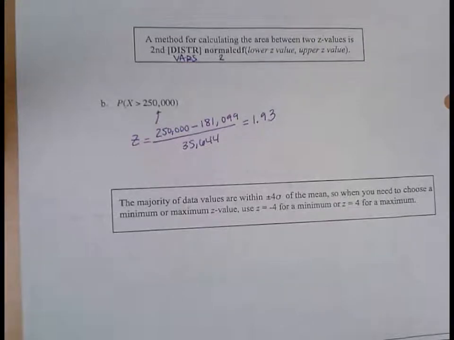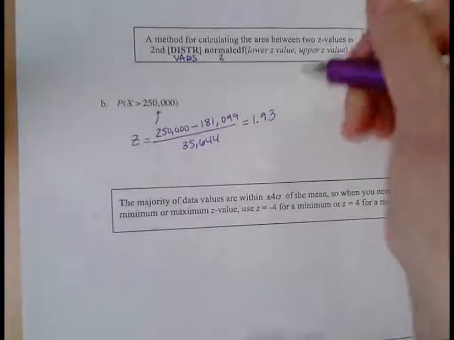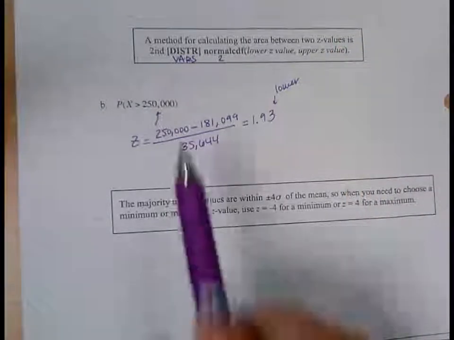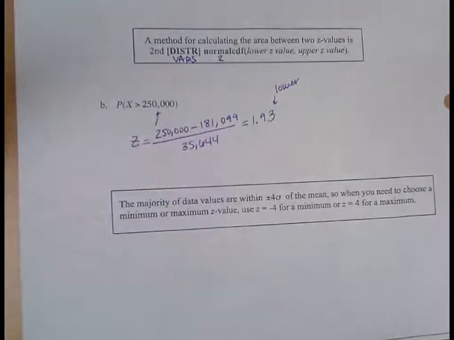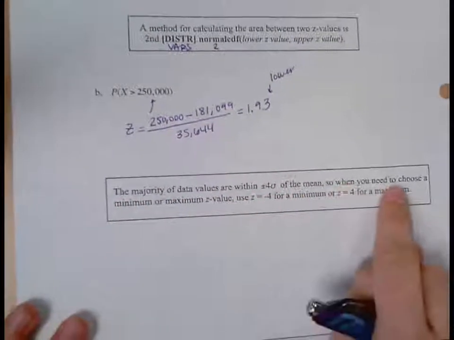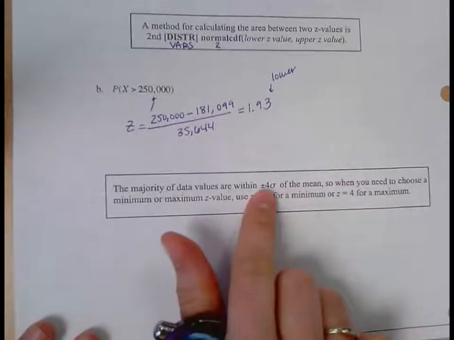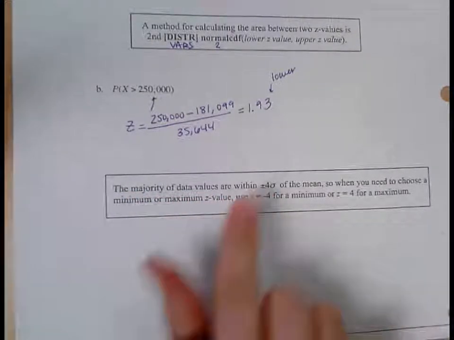Now, because I want to find, remember I said you always need a lower and an upper. Because I want to find values that are greater than this, this is my lower z value. I do not have another x value, though, to find a corresponding z value to get an upper z value. So what I have stated down below is that the majority of your data are within 4 standard deviations of your mean.